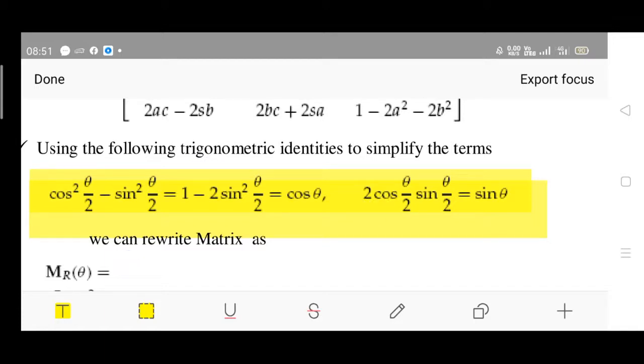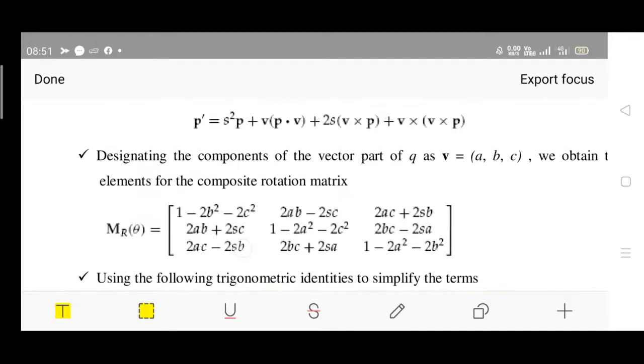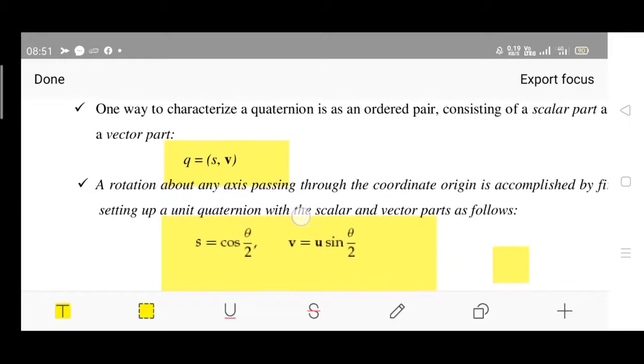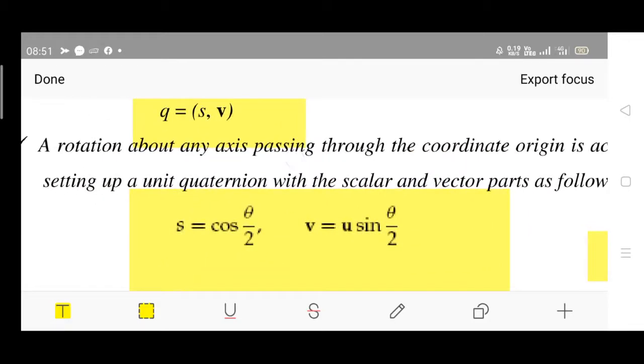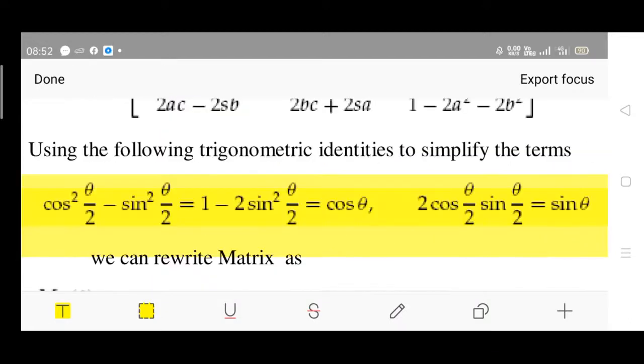So cos square theta by 2 minus sine square theta by 2. Please remember, we are getting the terms in terms of theta by 2 because we have defined theta by 2 as the factor, as you can see over here. Cos of theta by 2 is the scalar part, and the vector part is u times sine of theta by 2. So we will be getting the terms in terms of theta by 2, hence cos square theta by 2 minus sine square theta by 2 is equal to 1 minus 2 sine square theta by 2, and also equals cos theta in general.